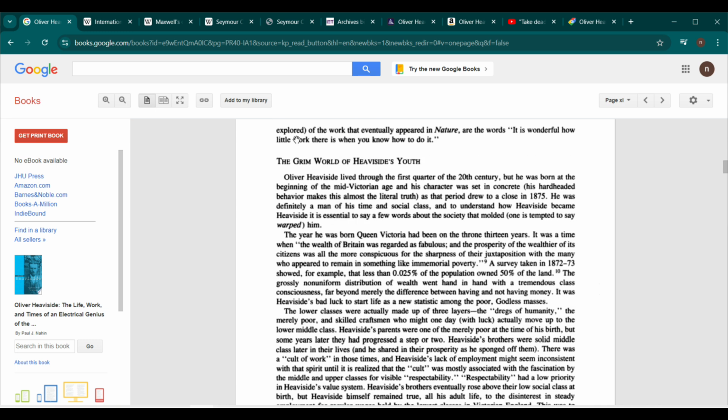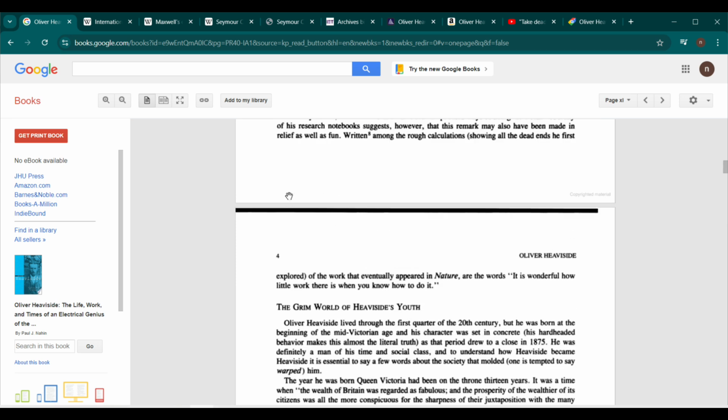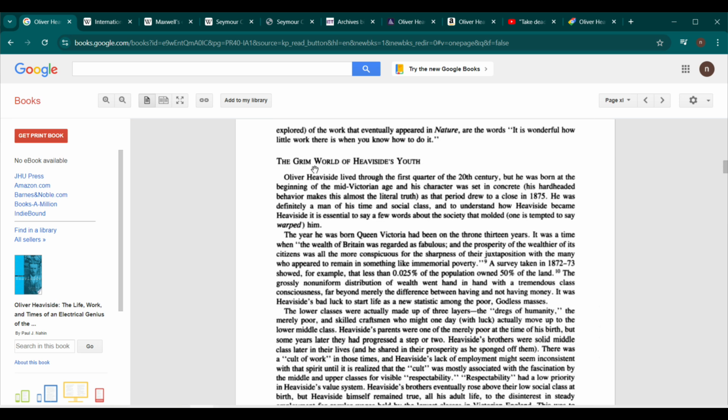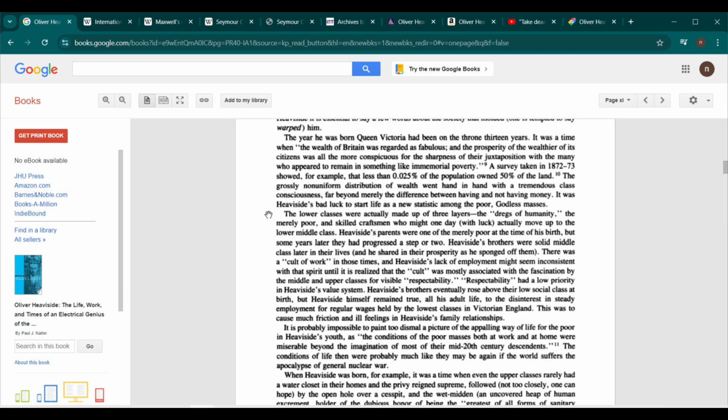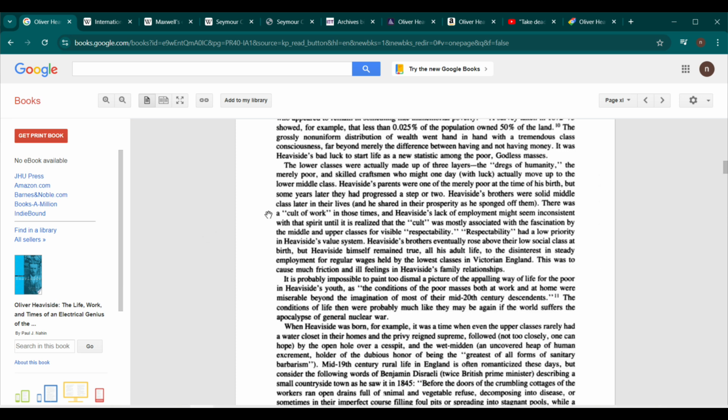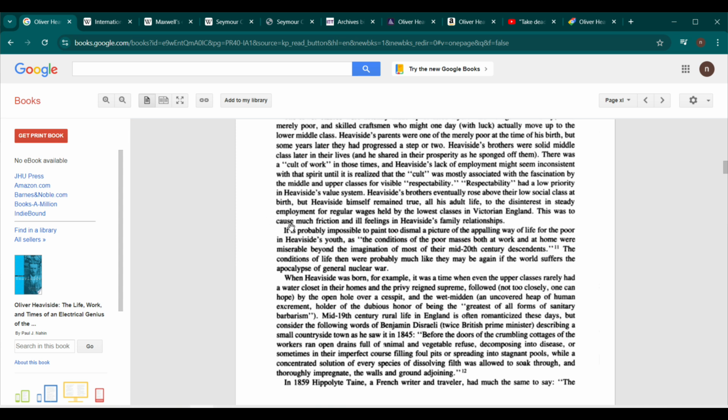I do remember that he did grow up in a very rundown neighborhood of London near where Charles Dickens wrote, and I think Dickens quoted Heaviside in one of his writings, and Heaviside quoted Dickens more often, but they lived just around the corner.